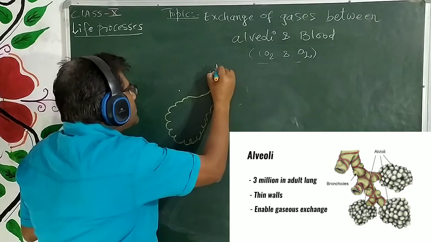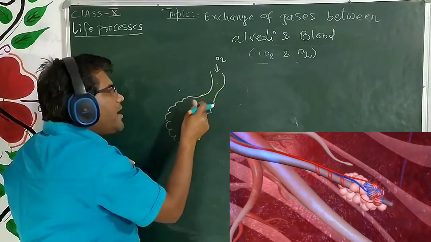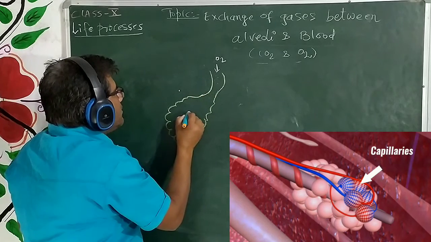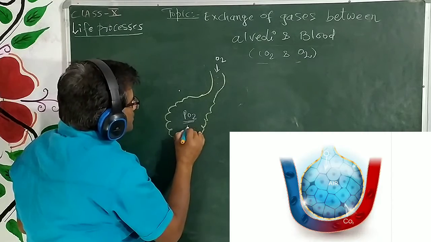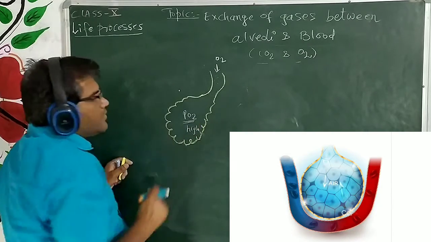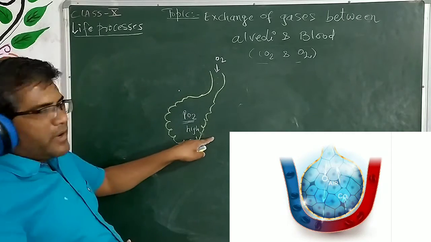From the outside, oxygen enters the alveoli, so the partial pressure of oxygen here is high. This is very important: the alveolar membrane is a very thin membrane.